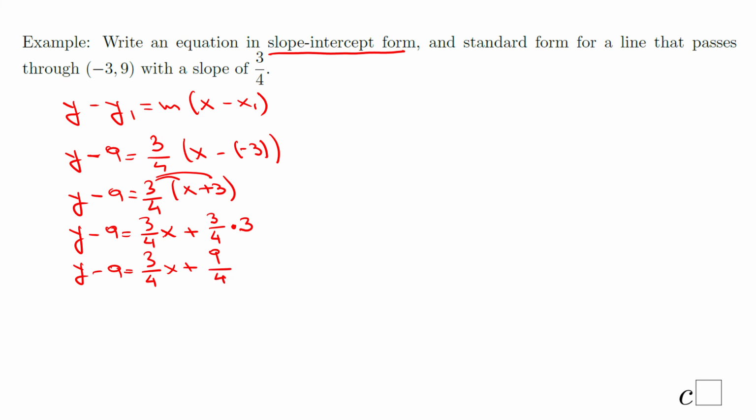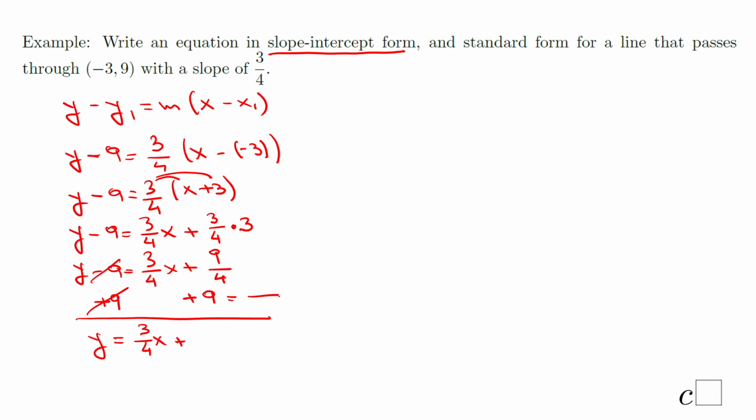Now, we want the slope-intercept form, so we have to get rid of this 9. So minus 9, so I'm going to add 9 here, but I would suggest you try to write the 9 in a different form. What do I mean by that? You notice we have here a denominator of 4.